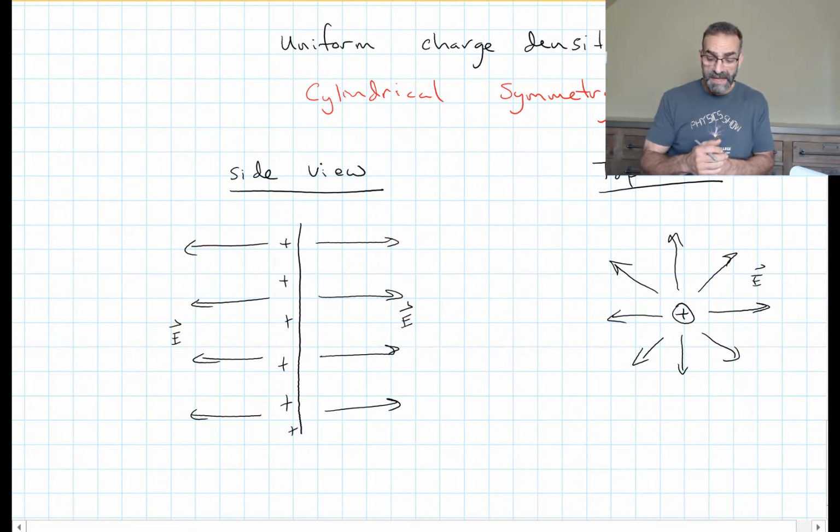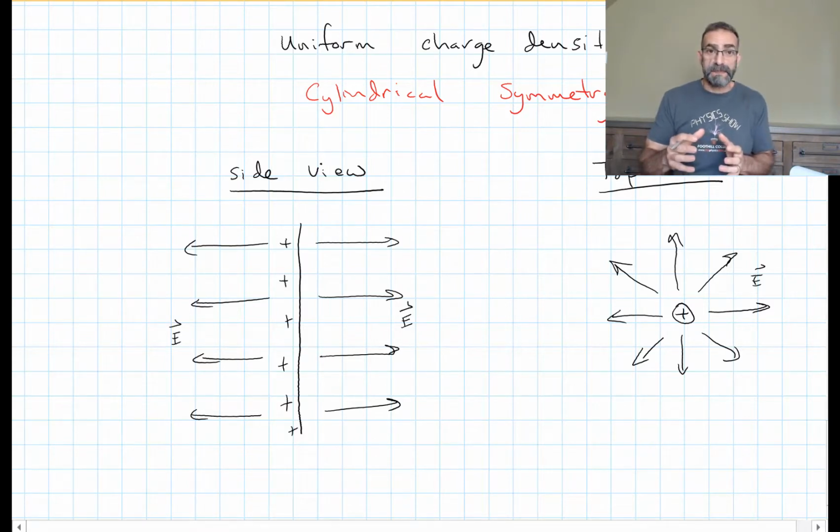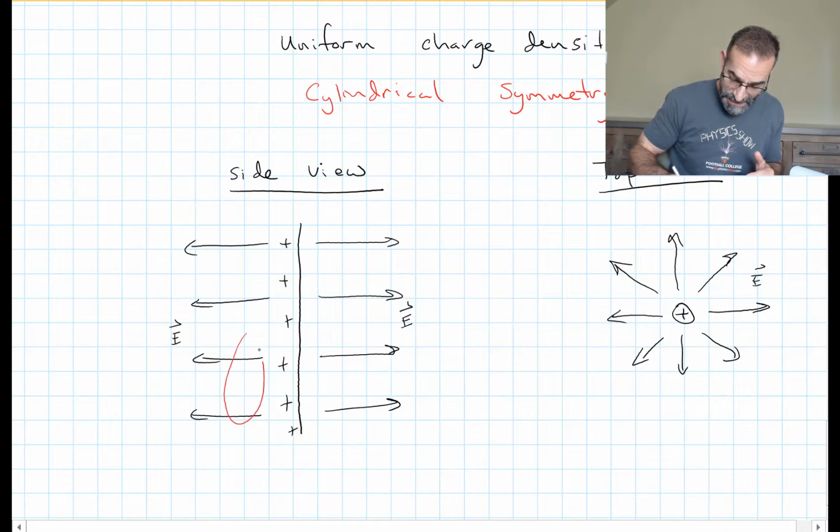to solve. How would I match the symmetry? Well, I would put a cylinder in here that matches the cylindrical symmetry of the problem. I would not put a cylinder like this.